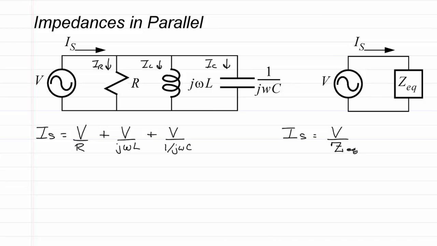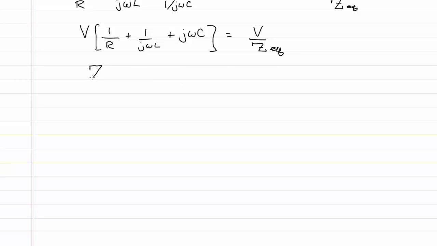We can equate these two, and we can now write that the voltage multiplied by 1 over R plus 1 over jωL plus jωC must be equal to the voltage over the equivalent impedance.